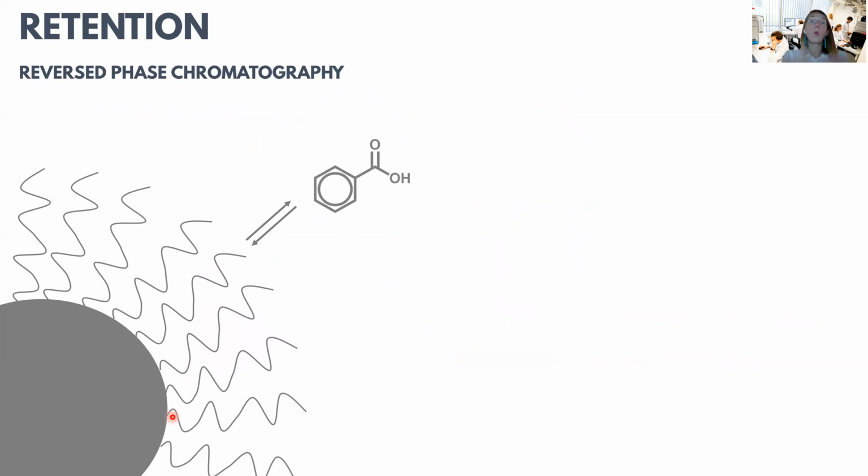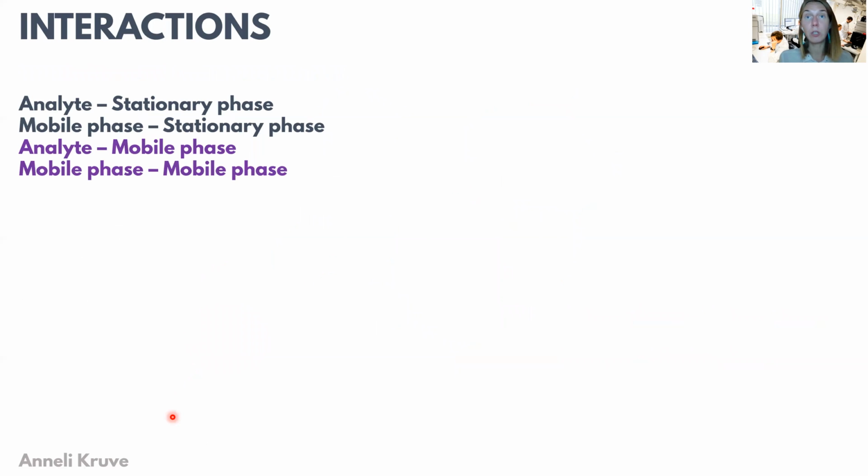So the important part here is the partitioning between the stationary phase and the mobile phase, and the important interactions in reverse phase chromatography are mobile phase interactions and analyte mobile phase interactions. Analyte stationary phase interactions can be important in cases where we have some specific stationary phases, for example, when we have some aromatic groups also on our stationary phases.